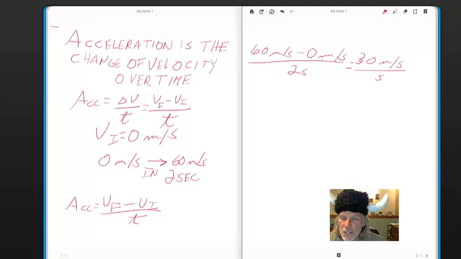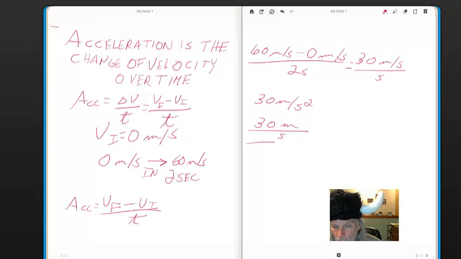Quite often you're going to see this expressed as 30 meters per second squared. And I'll show you how we do this. This is really an improper fraction, so we have 30 meters per second all over a second, which is like saying a second over 1. And if you remember your mathematics, if you got an improper fraction, you can invert and multiply.